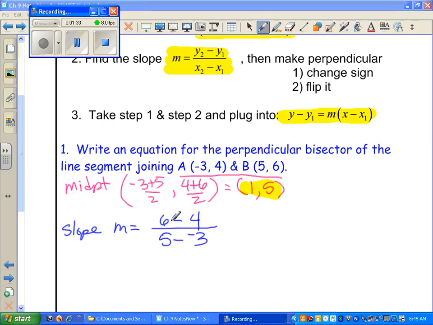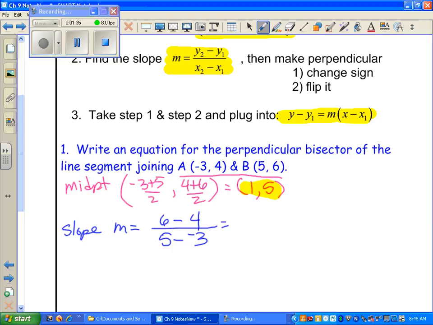Simplifying on the slope here, 6 minus 4 is 2 on the top. 5 minus the negative will be adding, so 5 and 3 is 8. That reduces to 1/4.